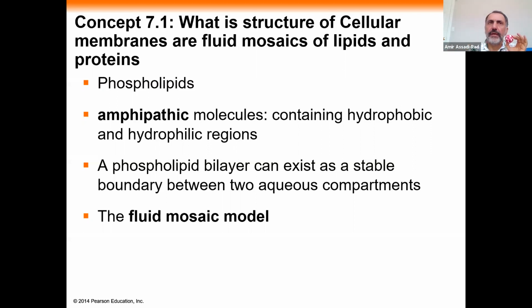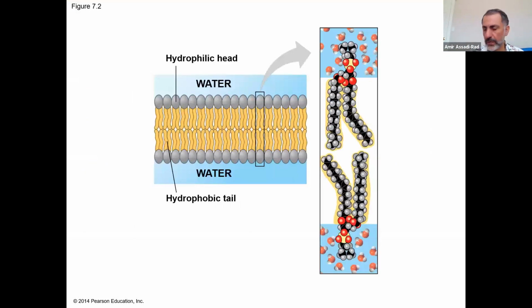Like the door to your house is stationary; you cannot move the door to your house and put it near the garage door. Where it stays is static. It's not fluid. But you are fluid. You come into your house and you get out of the house, you are fluid. So the cell membrane is fluid. As time goes on, we will talk about it.